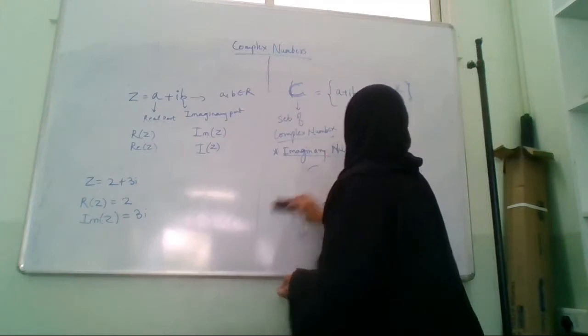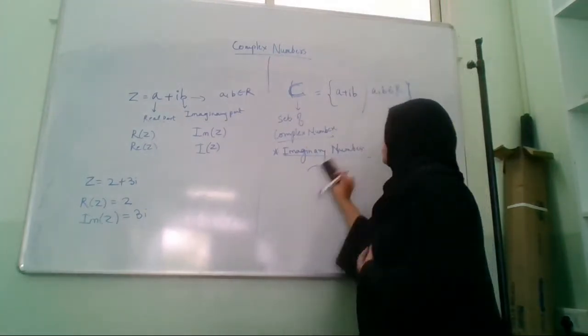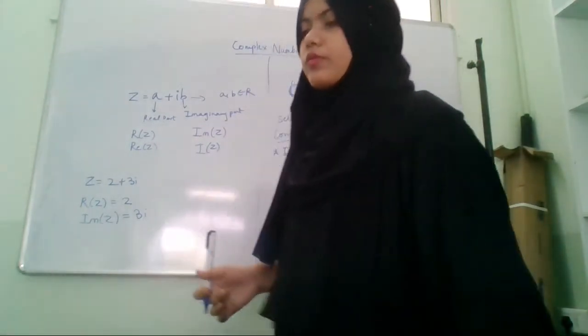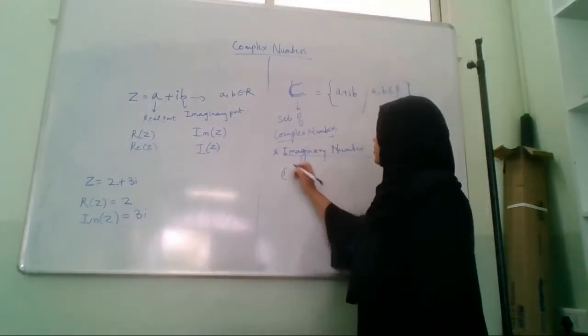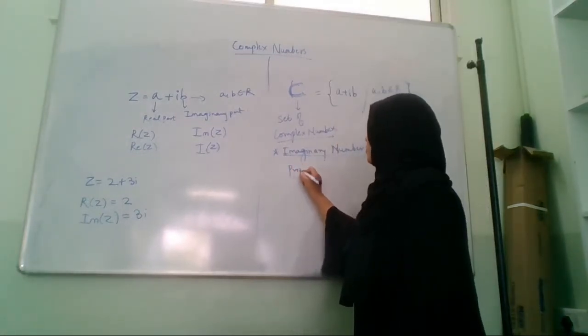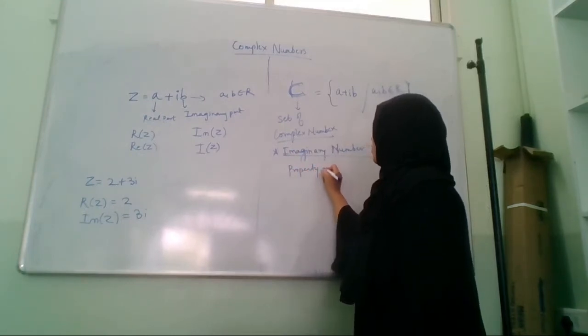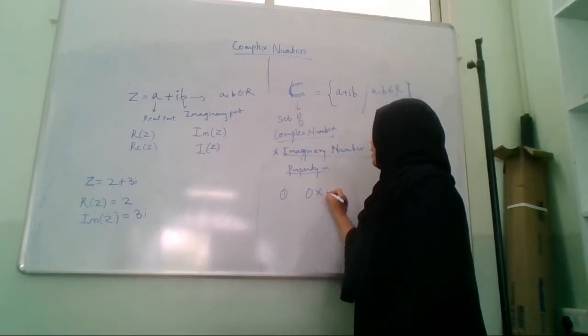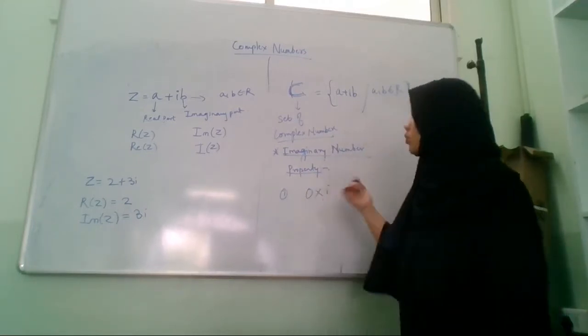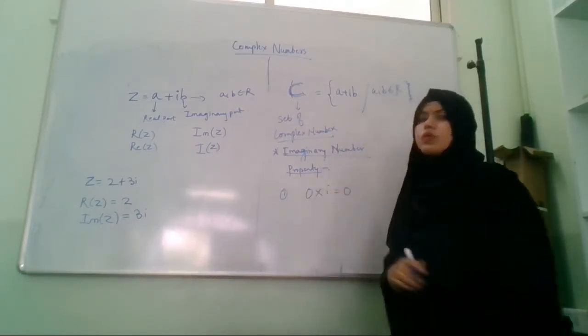Now we have some properties for imaginary numbers, which state the following. The first property: if you multiply an imaginary number with 0, you will get 0.